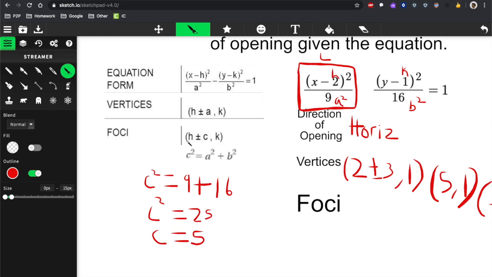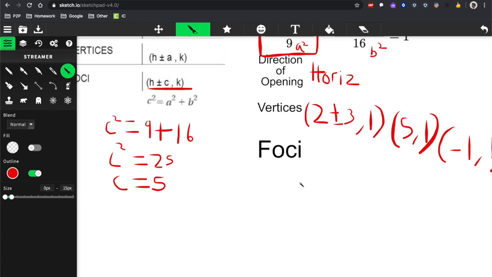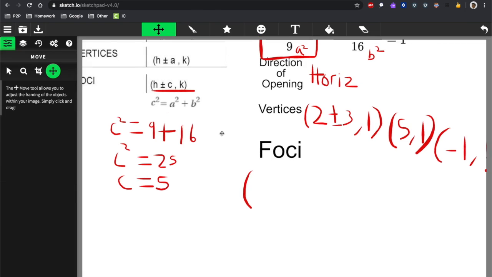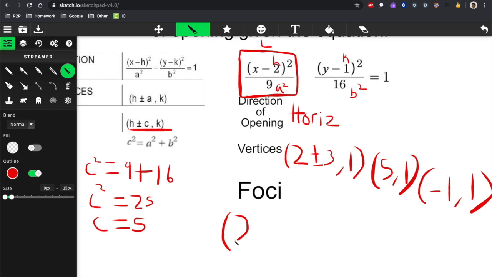Now we can plug that into this equation and figure out what exactly our foci are. So our foci are our h value, which is 2, plus or minus c, which is 5, comma our k value, which is 1.